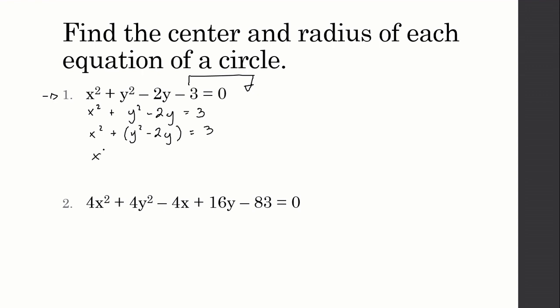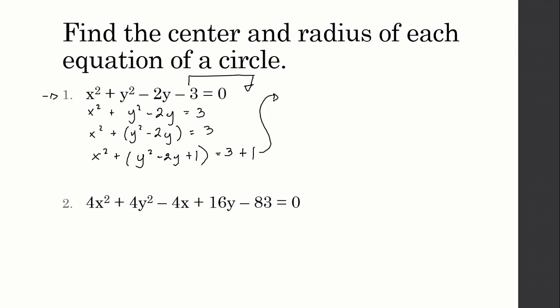And then do the completing the square into the numbers or terms inside the parenthesis. So we will have y squared minus 2y plus 1 equal 3 plus 1.